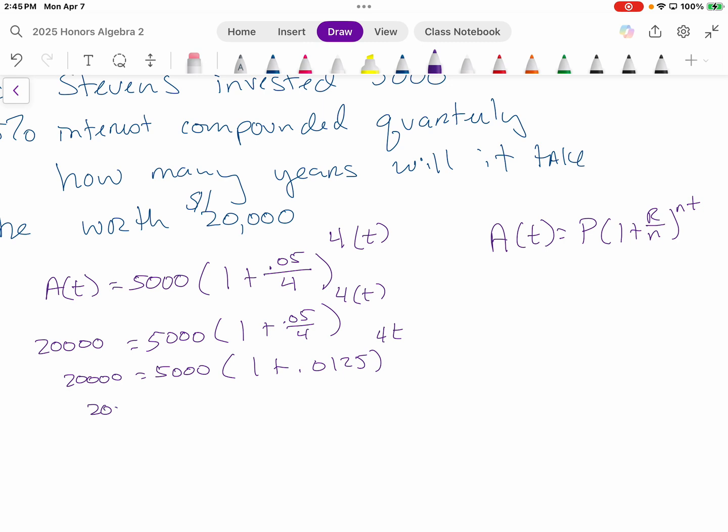So I get 20,000. Again, you can simplify a little bit differently, but I'm just taking it slow, just like the tortoise. I always like simplifying, because the most common mistakes are made on the inside of those parentheses with that rate divided by the compounding. That's where I see kids make mistakes.